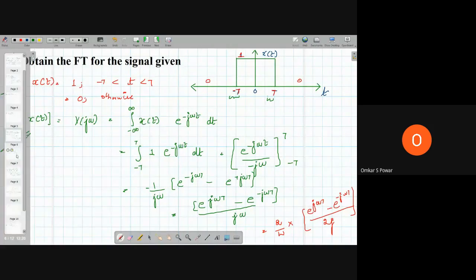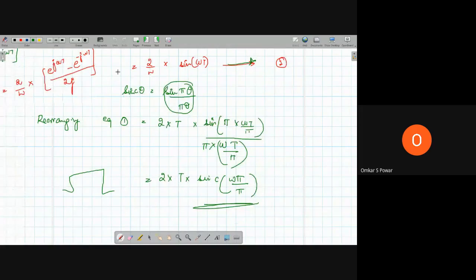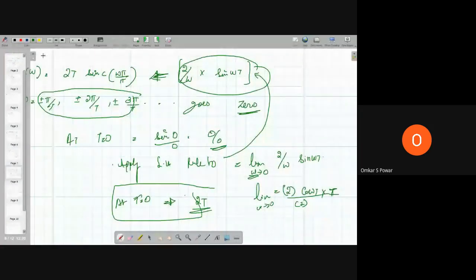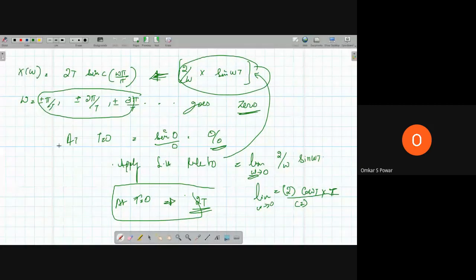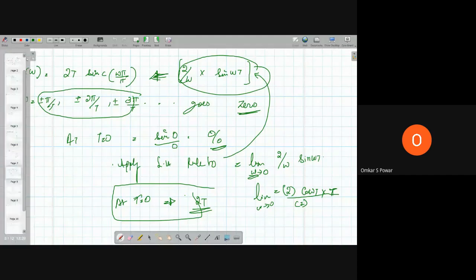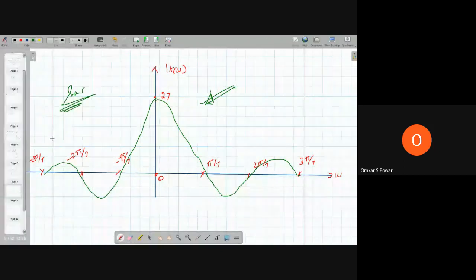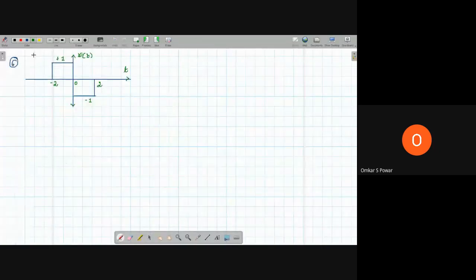Then you have to express it in terms of the sinc function, which I did, defining it. If you want, you can see how we got the values at 0 and different values of omega. If it confuses you, you can directly plot this sinc function. So this is how you solve this. Now we have finished one problem. We'll go to another problem.